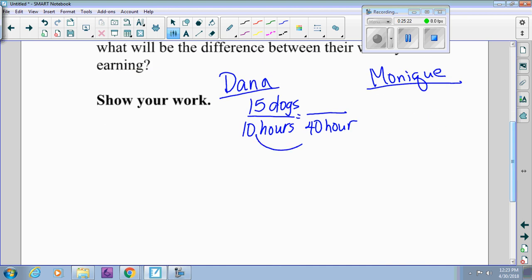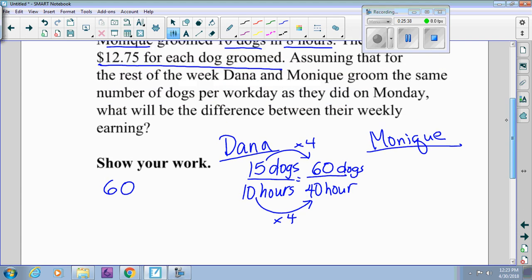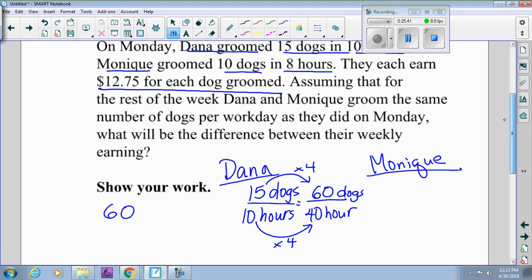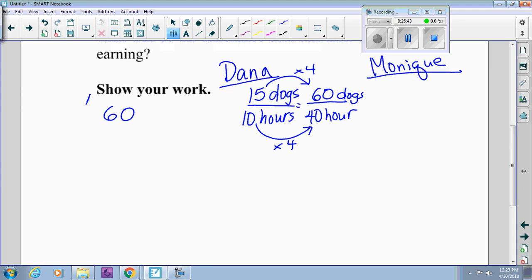So we have to scale this up. We're doing 4 times the amount, so 15 times 4 gives you a total of 60 dogs that Dana can do. If Dana is doing 60 dog groomings, and we know that each one is $12.75, you're going to multiply those two numbers.